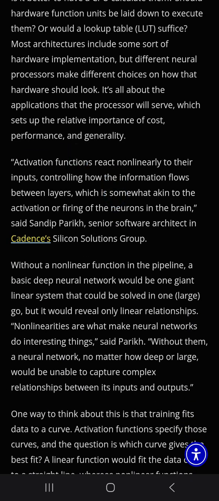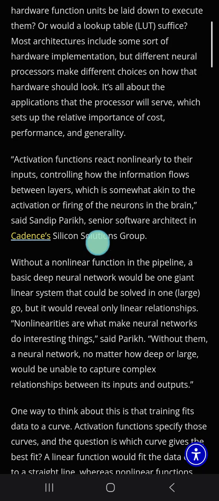Activation functions react nonlinearly to their inputs, controlling how information flows between layers, which is somewhat akin to the activation or firing of neurons in the brain, said Satyasande Parikh, senior software architect in Cadence's Silicon Solutions Group.